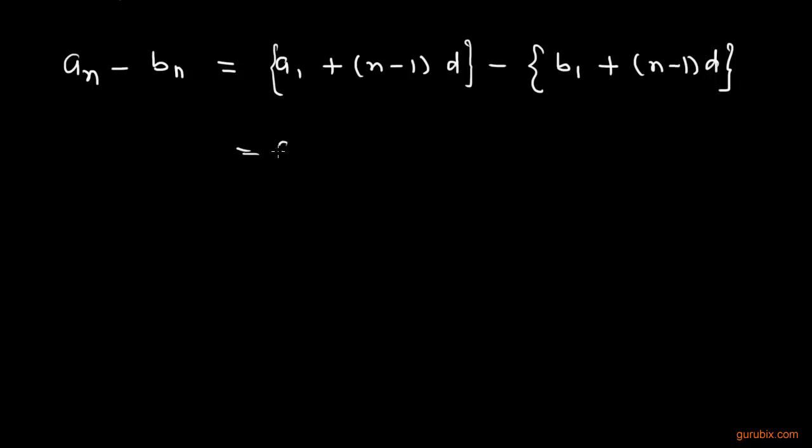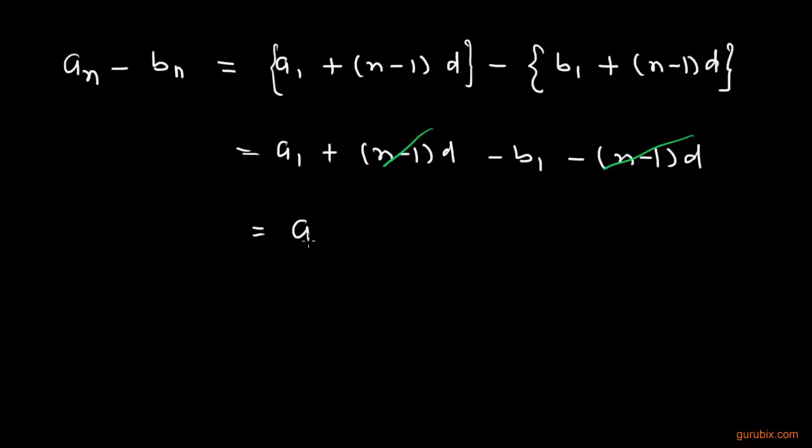And if we solve it, this is a1 plus (n minus 1) into d minus b1 minus (n minus 1) into d. Now we can cancel out this negative term with this positive term, and what we are left with is a1 minus b1.